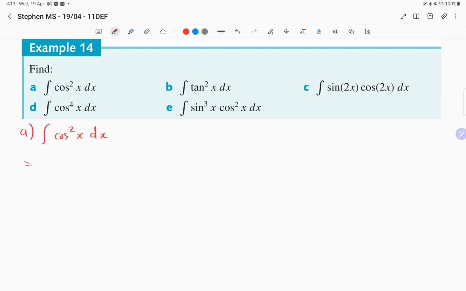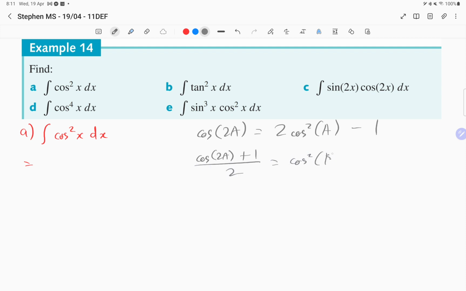No, the one that we're using is cos 2a equals 2 cos squared a minus 1. Rearrange it: cos 2a plus 1 divided by 2 equals cos squared a.